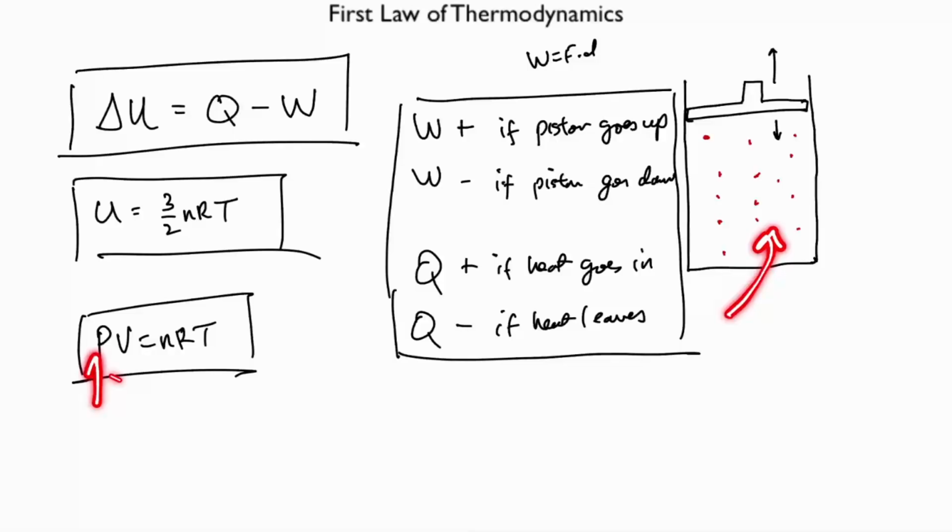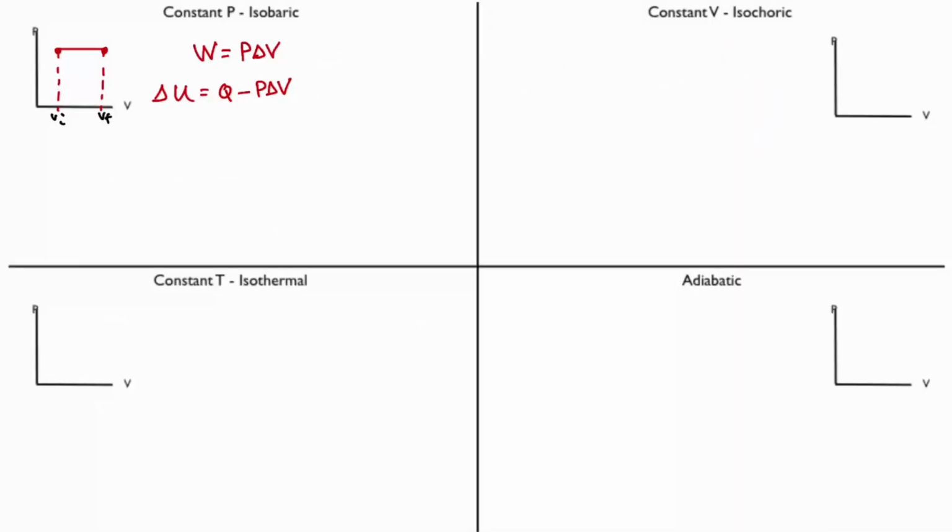If the pressure stays the same and we start throwing in heat, which is going to raise the temperature, what's going to happen to the volume? It's going to increase, right? So we'd expect work to be positive there. Okay? And the change in internal energy would be whatever the heat that went in minus the PΔV that went out. Seems kind of, I don't know, straightforward.